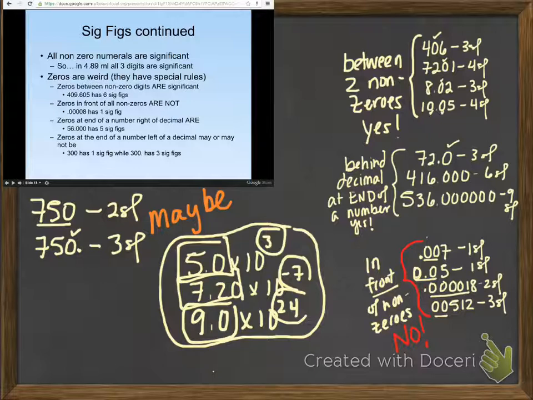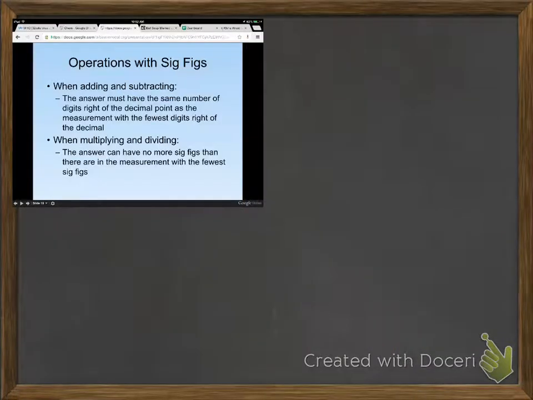Okay, now let's move on quickly to doing some rounding with sig figs. Whoops! First we have to talk a little bit about operations with sig figs. So, again, as there was with scientific notation, there are two different sets of rules. For adding and subtracting, we have to look at the digits behind the decimal point.